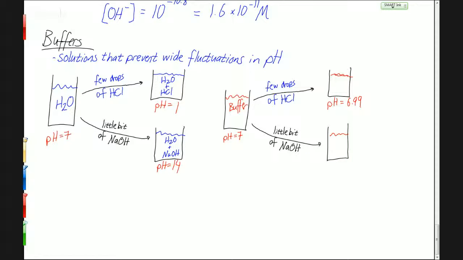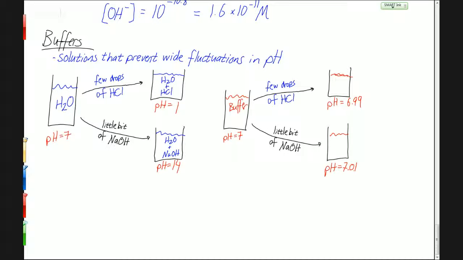The pH still goes down with a few drops of HCl, but just a tiny amount. And maybe here the pH just goes up a tiny amount. So that's how a buffer works. It controls that pH. Now let's look at what's going on chemically that actually allows that to happen.